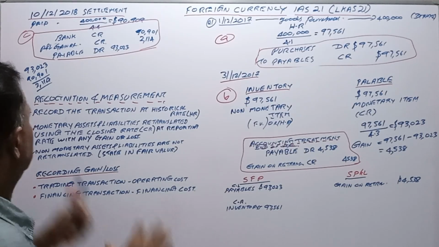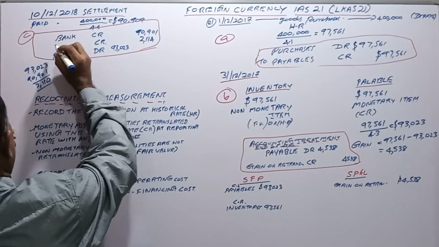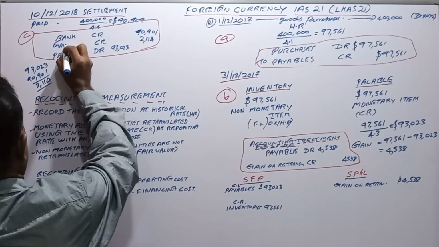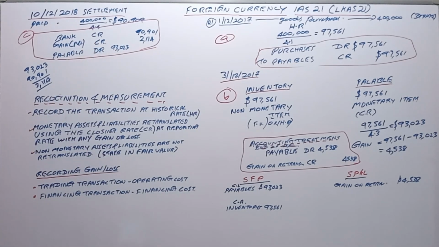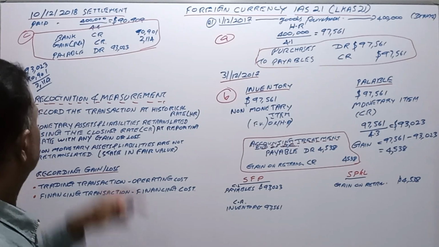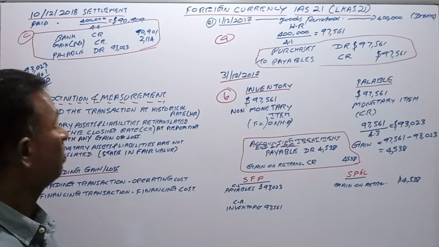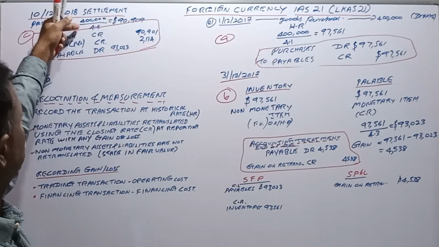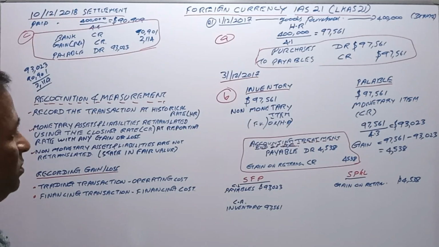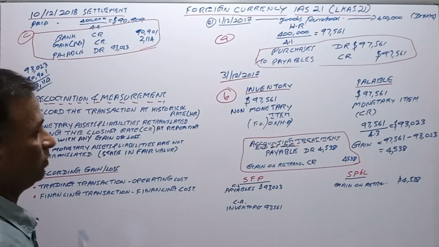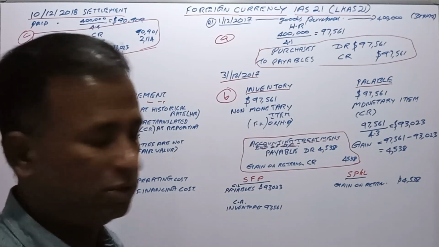P&L gain, right? Have you understood? This is derived from the difference between these two. This is the closing rate, the prevailing historical rate, 4.4 at the payment time. So we will move to the second question.